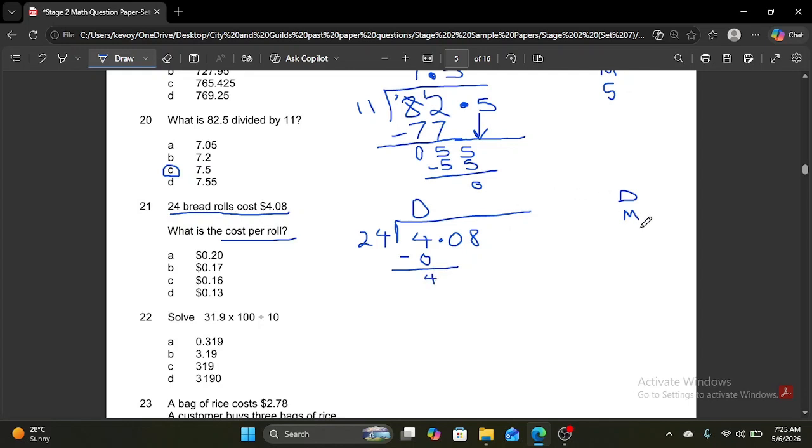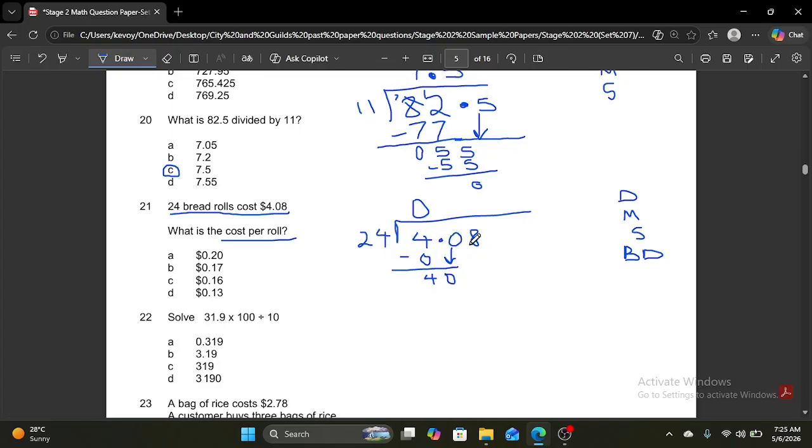Remember, after you multiply, you subtract, and after you subtract, you always bring down. What are you going to bring down? You're going to bring down the 0 right beside the 4, making it 40. But remember, the decimal point is right here.